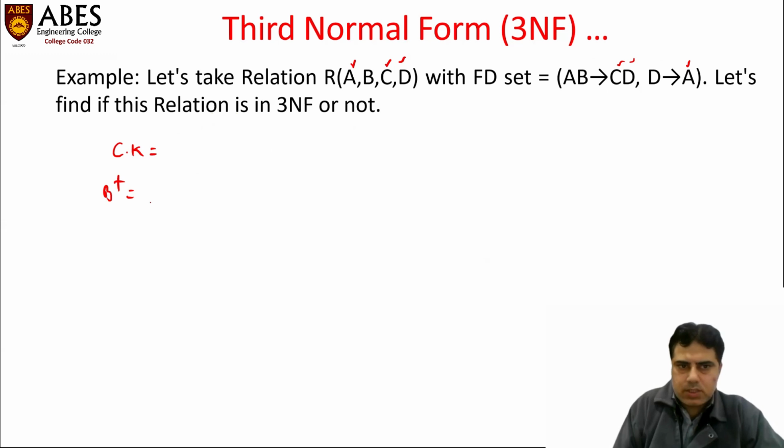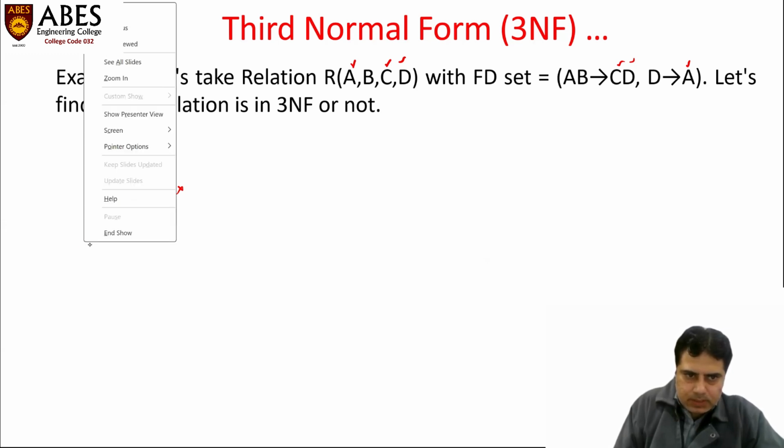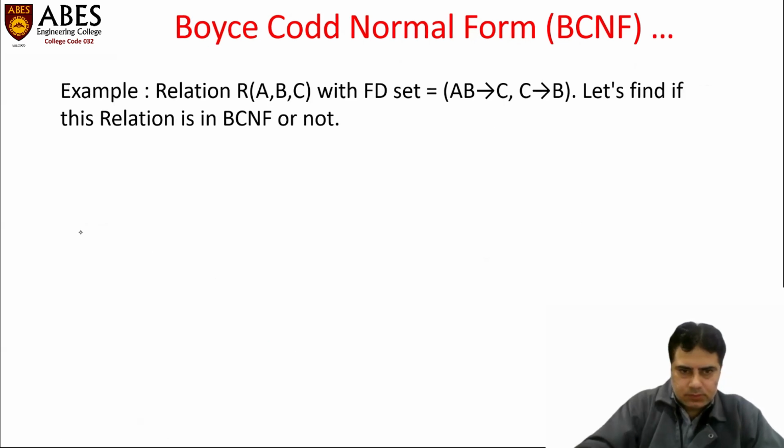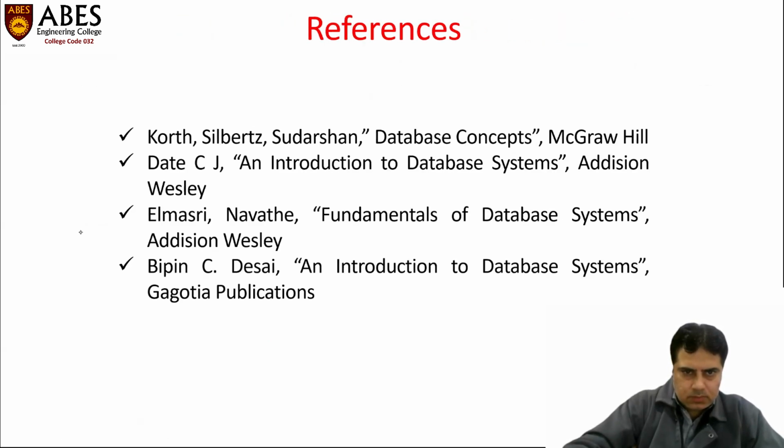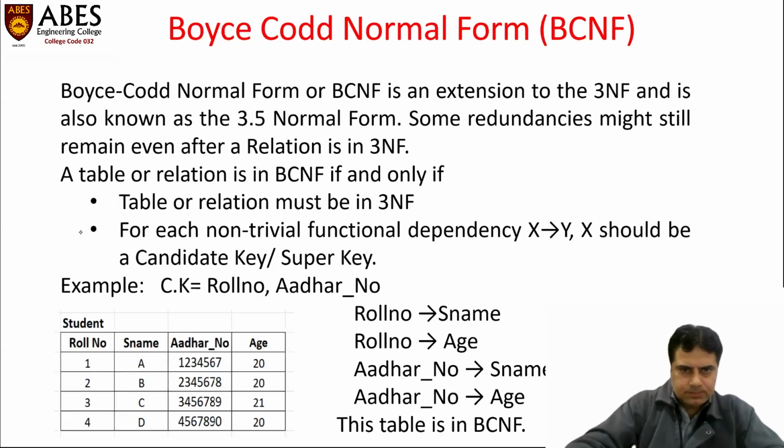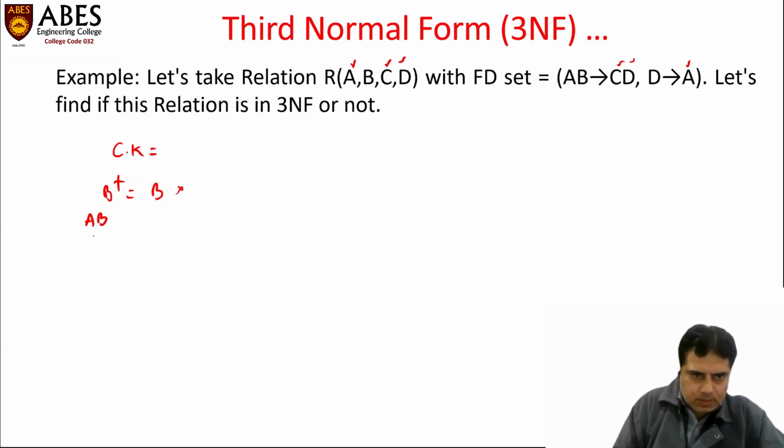We have to take the closure set of B. From B, we can determine B, and from B we cannot determine further. So we have to make the combination with B: AB, BC, BD.